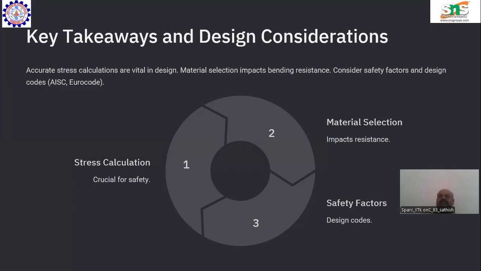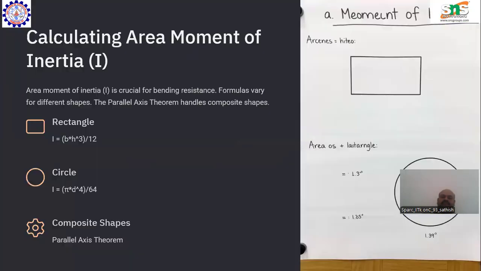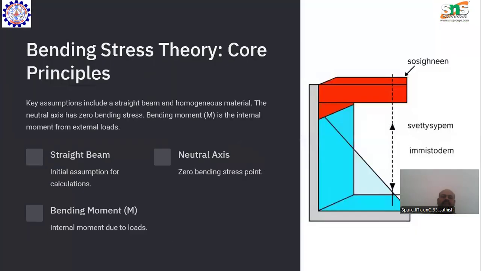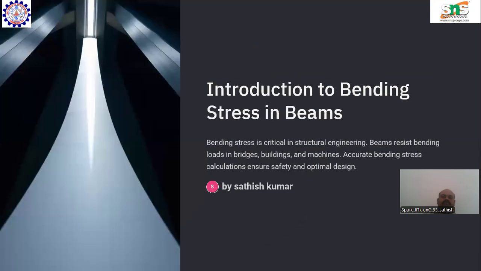And the third part is safety factors, which explain the design codes. So these are all the key takeaways from this lecture. Even though we calculate normal stress and tangential stress, the bending stress is required to ensure safety and optimal design. So this is all about bending stress.